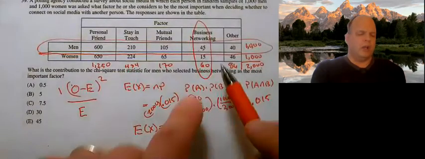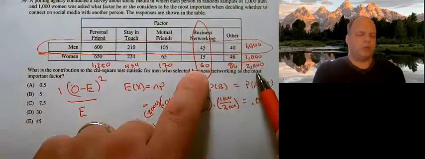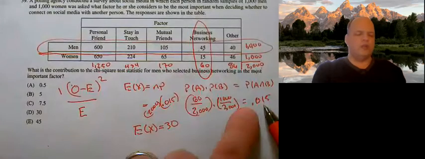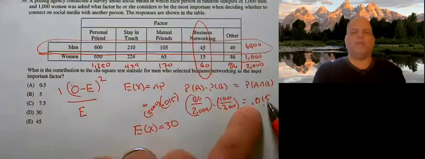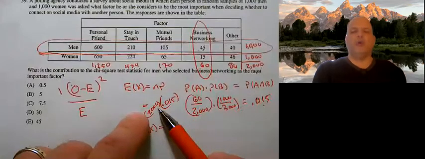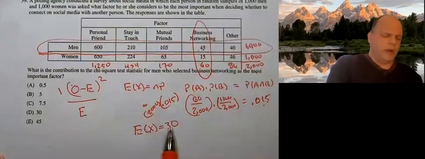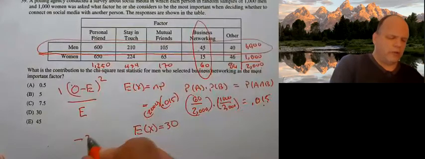And I'm going to show you another way on the calculator to do this, but this is what you're doing. This marginal probability times this marginal probability gives us the joint probability of 0.015. You take the joint probability and multiply it by the total sample, which was 2,000. Now, I know that my expected is 30, so minus 30.